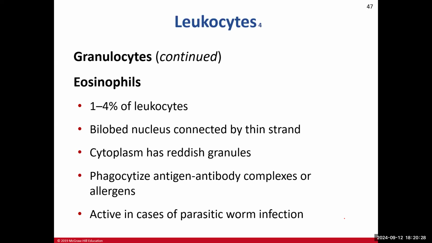All right, the next type are the eosinophils. They don't make up as large of a population of the white blood cells here, and these guys are also going to be multi-lobed, technically bilobed, but the interesting fact between those two lobes is that you have this little thin strand.